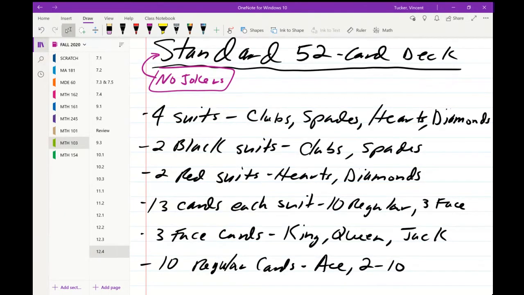There are 13 cards in each suit. 4 times 13 gives you that 52. So in each suit, you have 10 regular cards and 3 face cards. Your 3 face cards are king, queen, and jack.